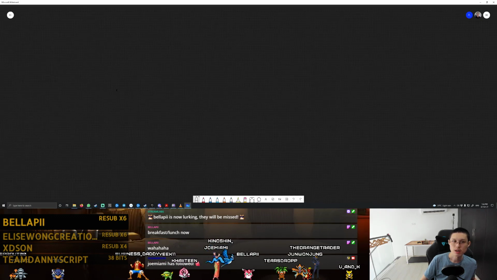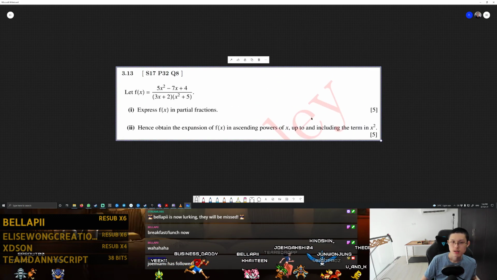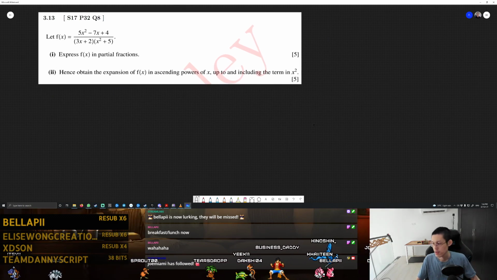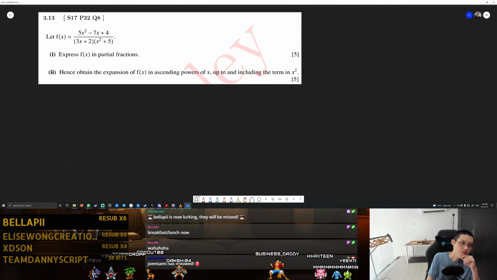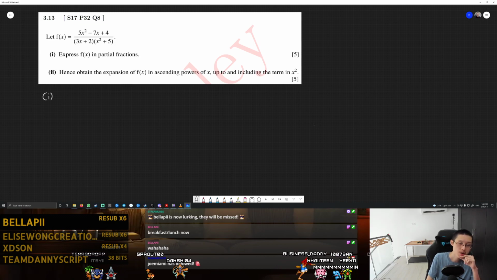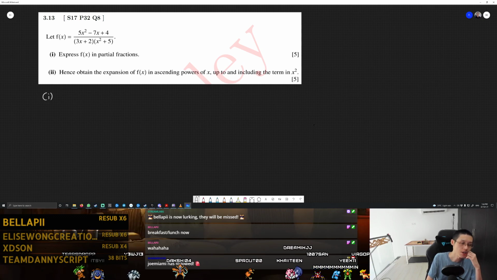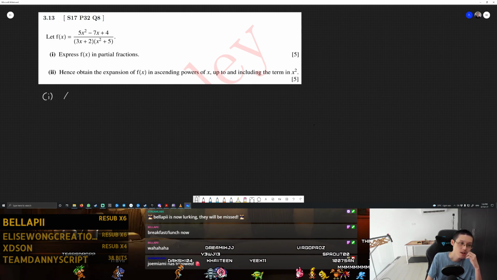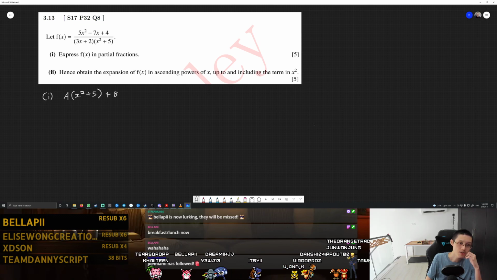Let's move this guy here, and then I'll paste it here. Okay, so if you look at this, the first part of this question, they want you to express it in partial fractions, which is something that you already know how to do. So we'll start by comparing the numerator. I'm gonna skip a few steps and jump right to the third step, because by now you should know what I'm trying to do here.